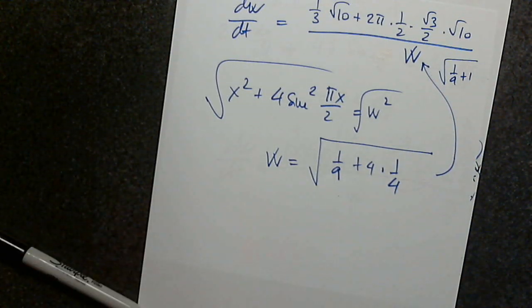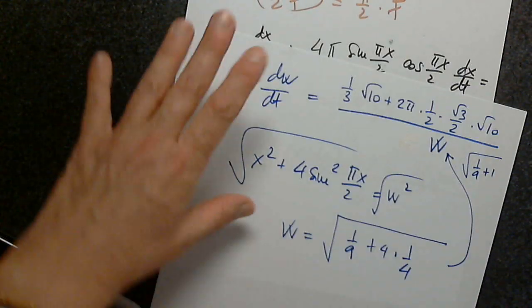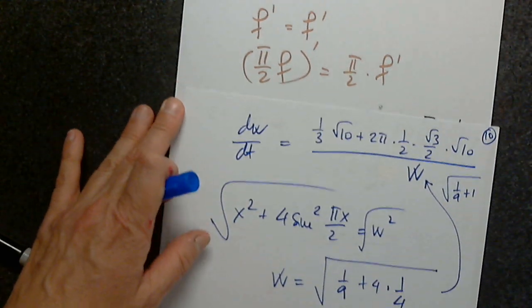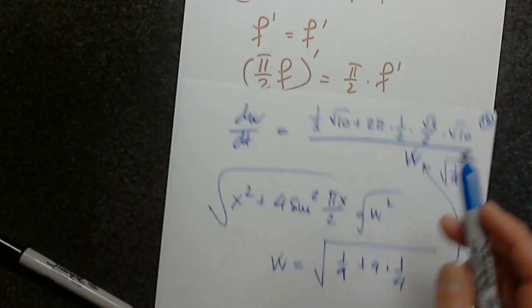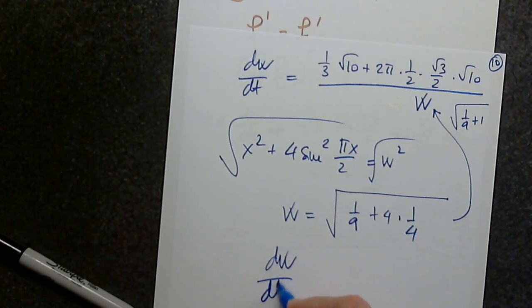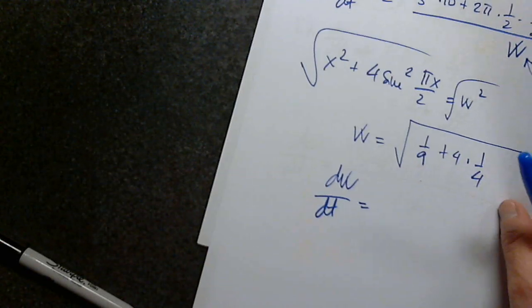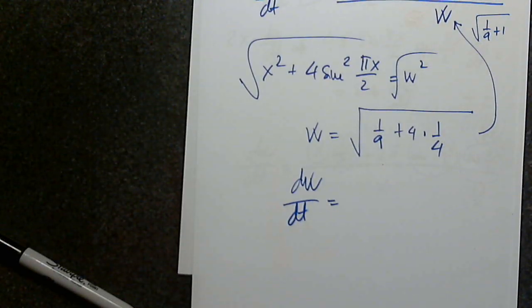And now we're ready to plug everything in the graphing calculator. So this was my page 8. This was 9. And this is 10. Ready? All this to determine dw over dt. Okay, so let's do that.